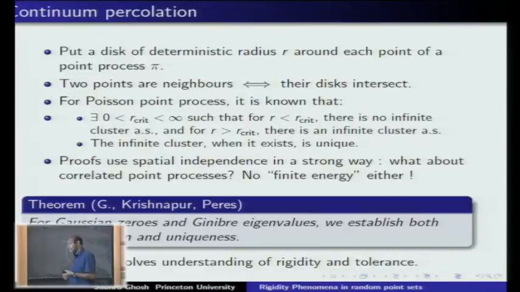Do you understand properties of the transition, for example universality? I guess we understand percolation fairly well in high dimension. Do you understand a transition here in high dimension? No, these are all two-dimensional processes.